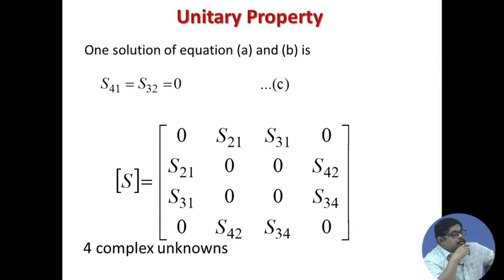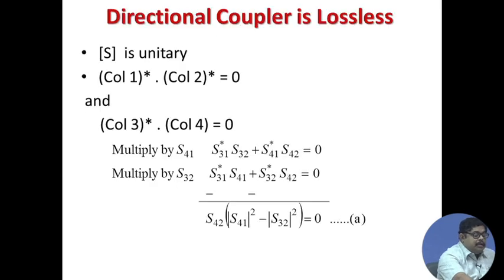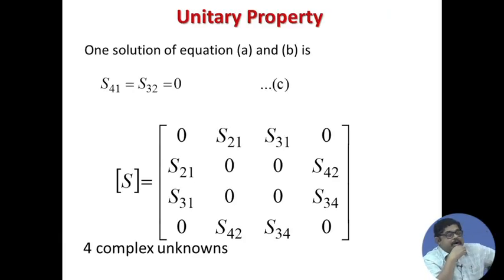Then, for those two formulas A and B, there are various possible solutions. Out of that we are taking one solution, that S41 and S32 are 0. What is S41?